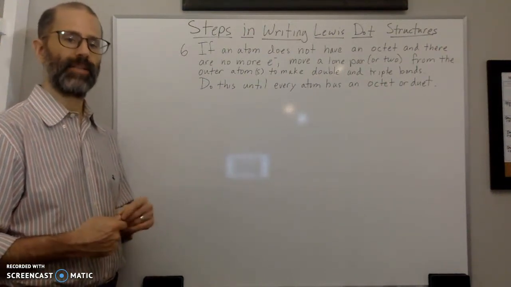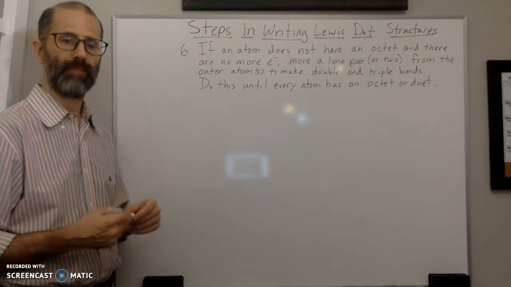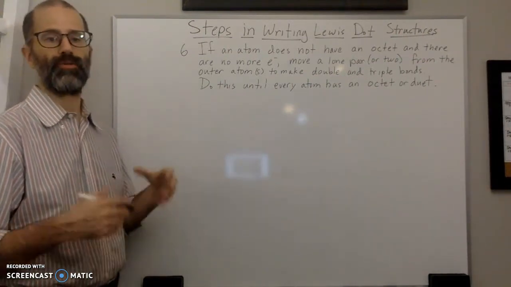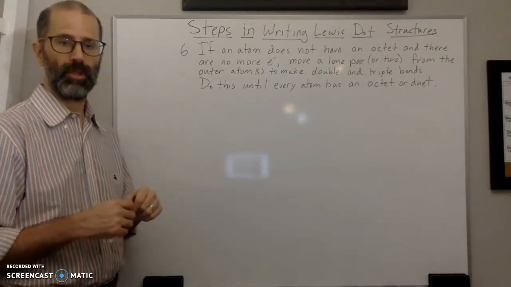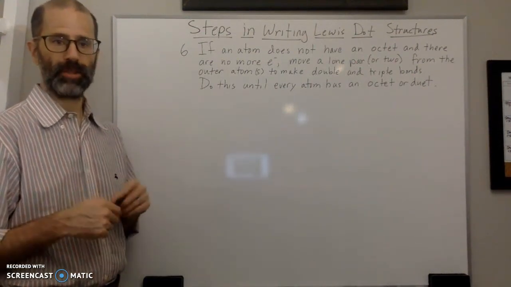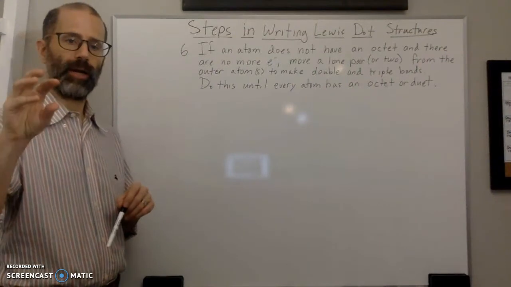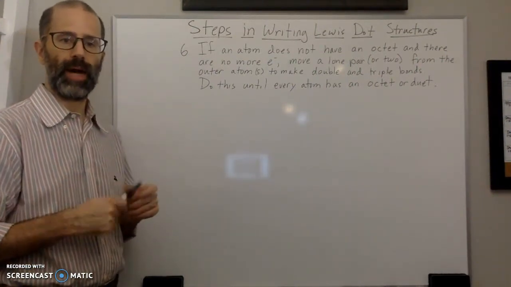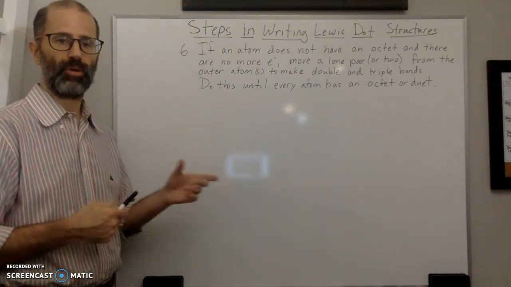So in that case, the only alternative you have is that you're going to need to take a lone pair from an outer atom or multiple outer atoms, and you're going to have to move those lone pairs in between the atoms to create an extra bond, a double bond or a triple bond.